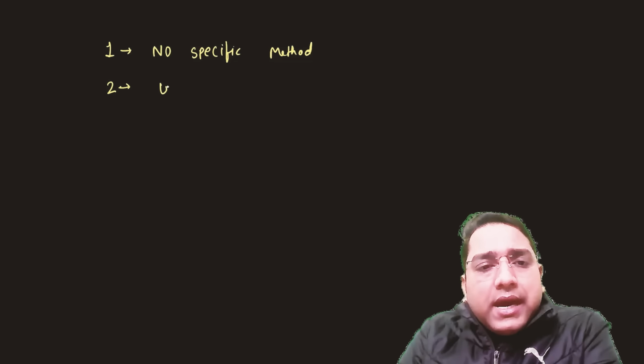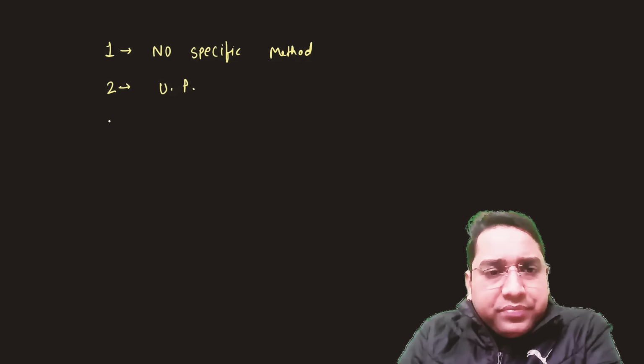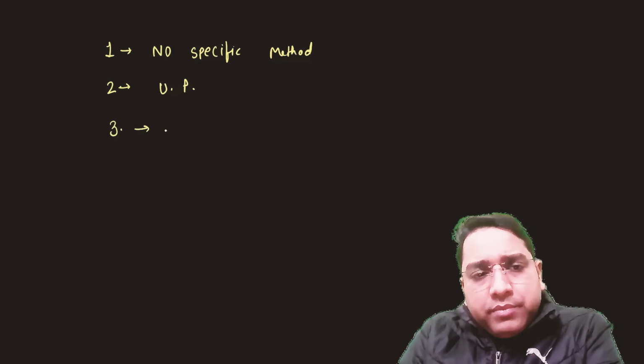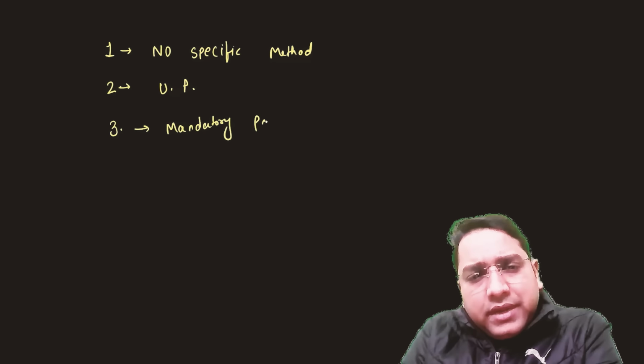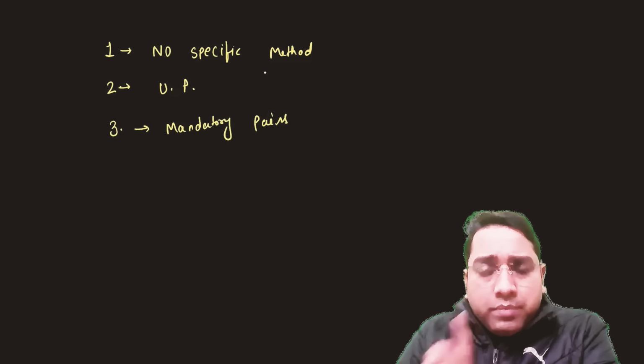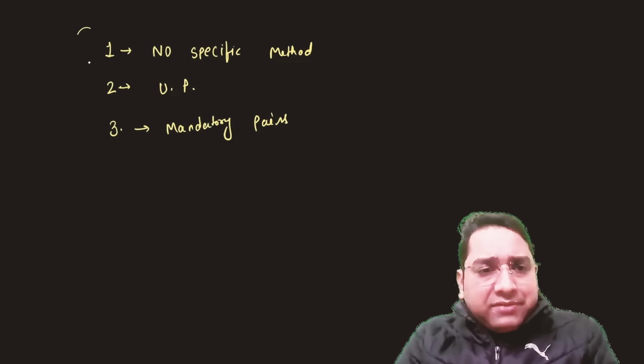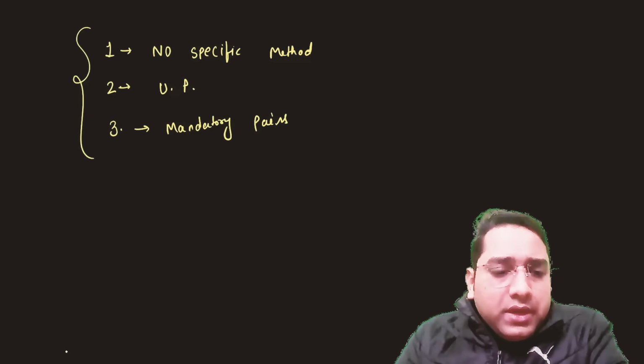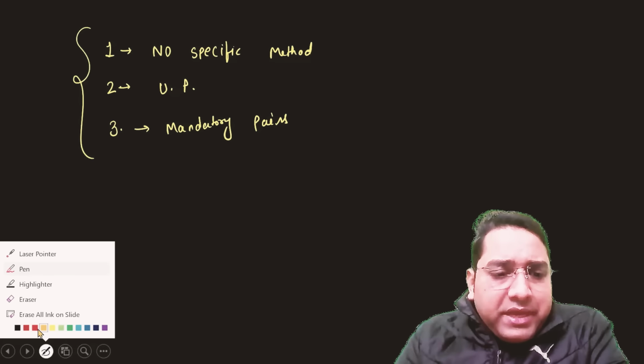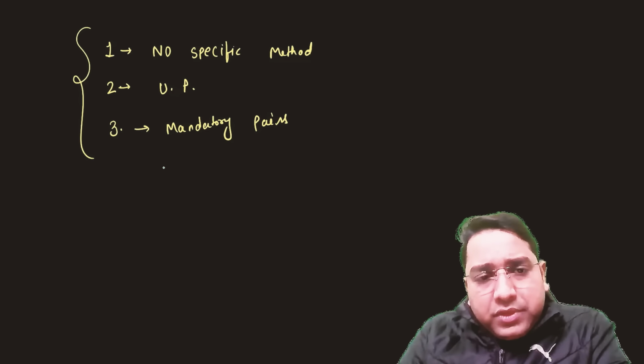Now, understand the passage. I'm just writing the initials. Third thing was, make mandatory pairs. Everybody is writing or not? Please do write it. These are the notes. You don't have to go through the entire lecture. You just have to revise these points. That's it. So in mandatory pairs, what were the points I have just told you?